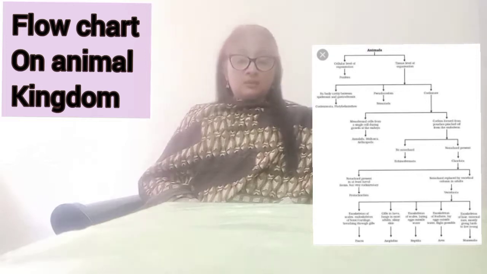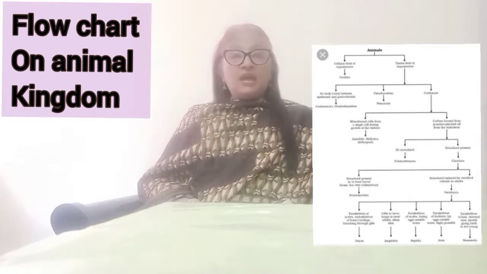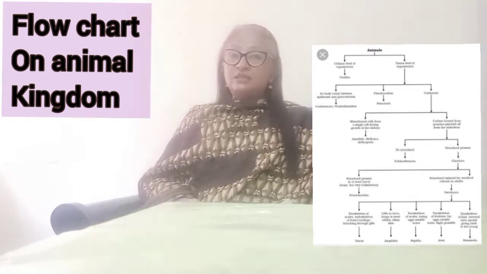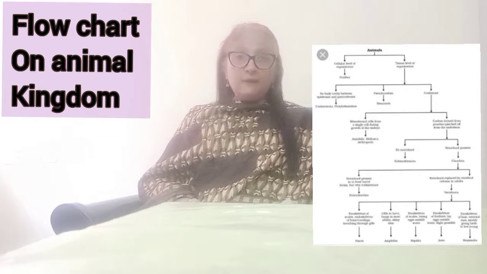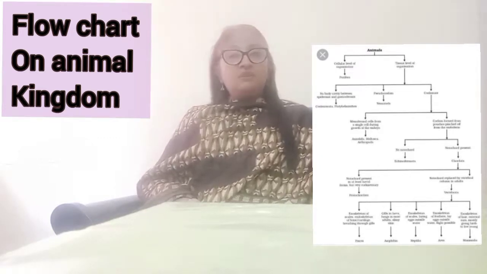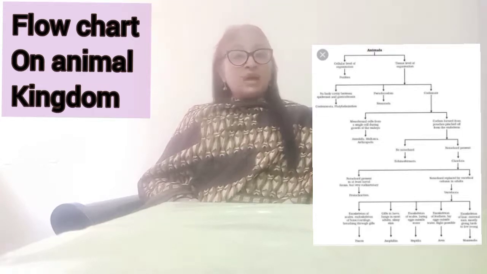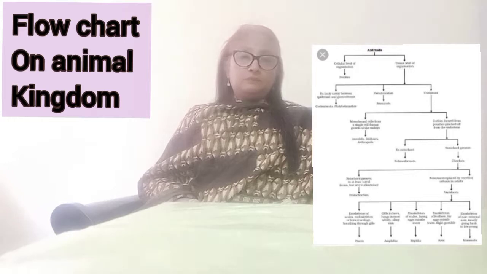Next is the Reptilia. Exoskeleton made of scales. They lay eggs on the land, which is covered by a tough leathery covering. They breathe through gills. They have a three-chambered heart, cold-blooded. Exception is crocodile.